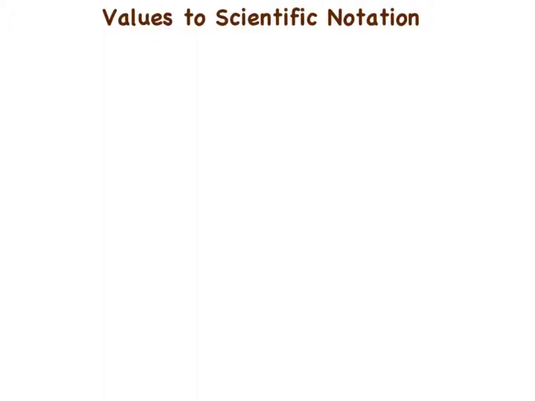Alright, so converting numbers to scientific notation. So let me write this out. Here's the method that I use in order to convert a number or certain value into scientific notation form. I'm going to make up just a random number.